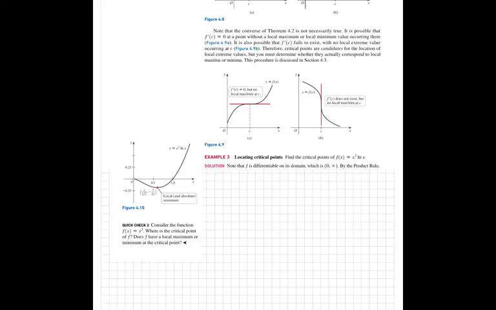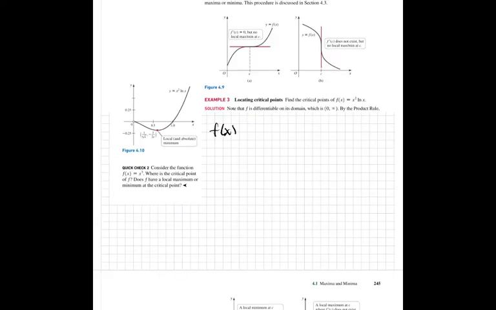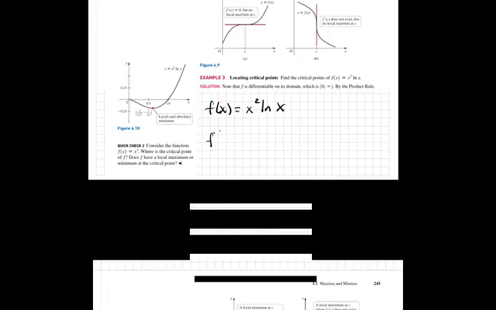So if we have f of x equals x squared times the natural log of x, you see the graph over there, let's find f prime of x.